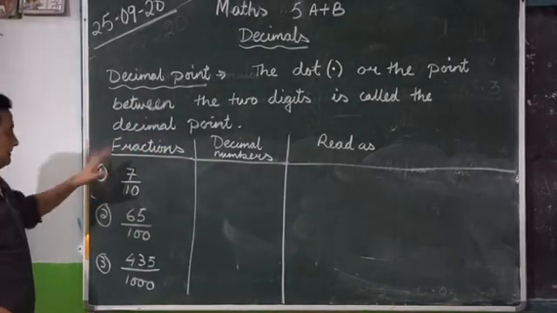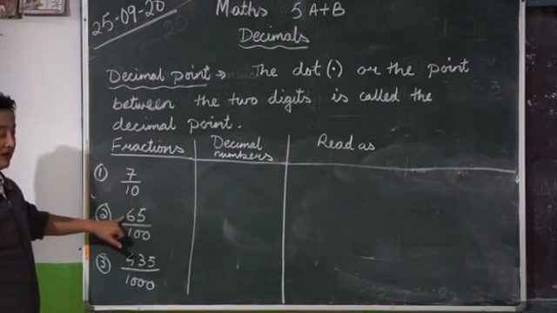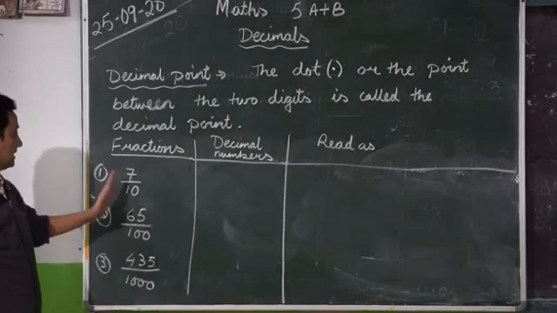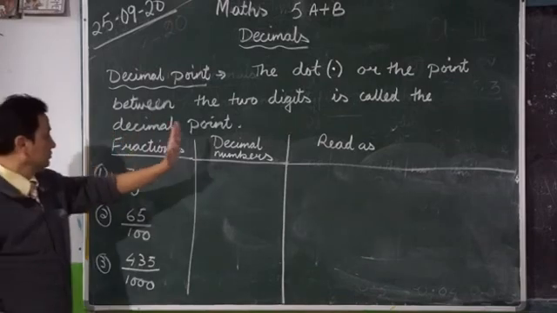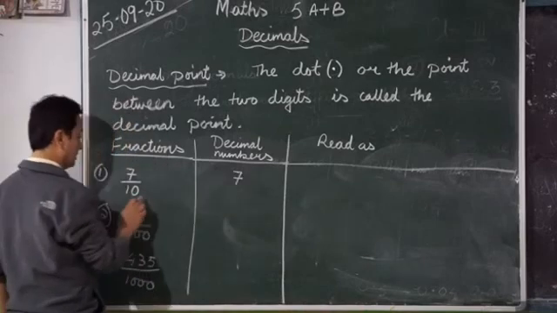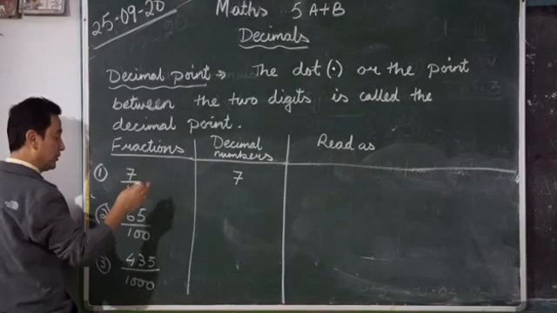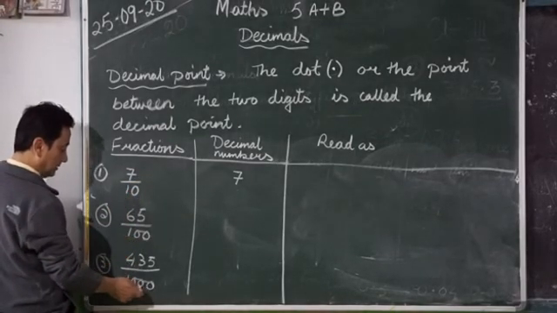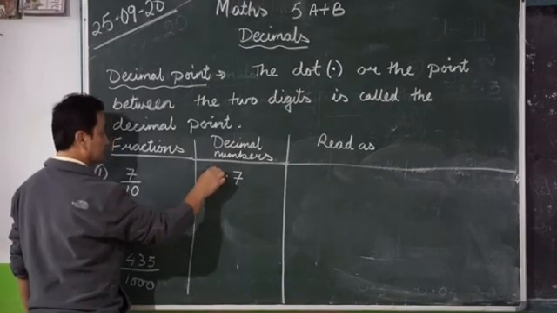When you read the fraction, it says 7 tenths, 65 hundredths, 435 thousandths. Now let's convert this fraction into decimal numbers. 7 over 10 changes into point, 1 point, 1 2 point, 1 2 3 point, 1.0.